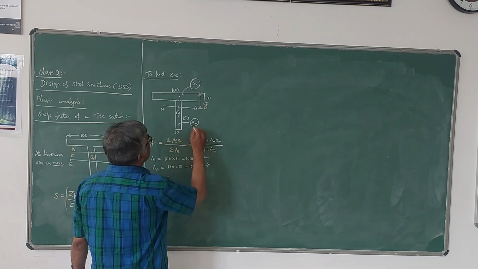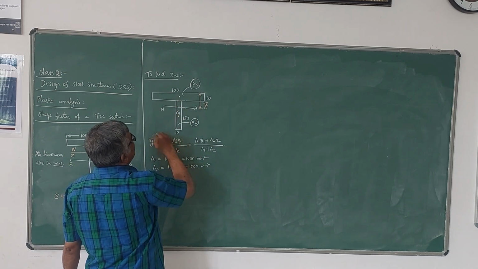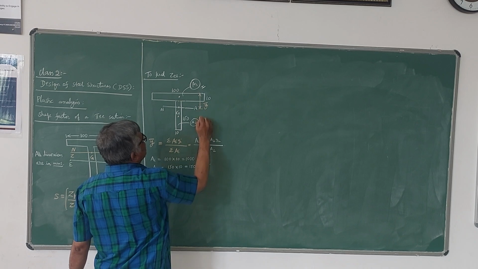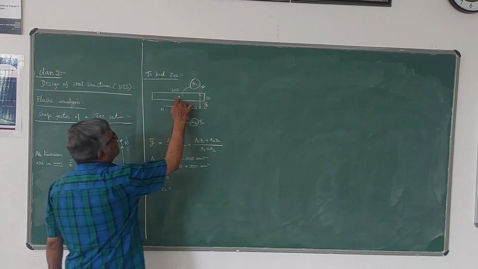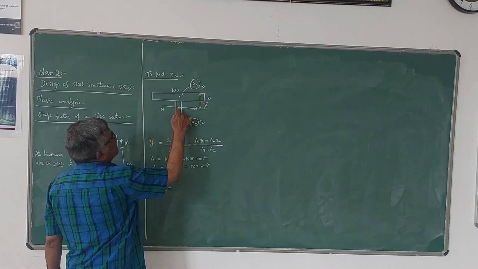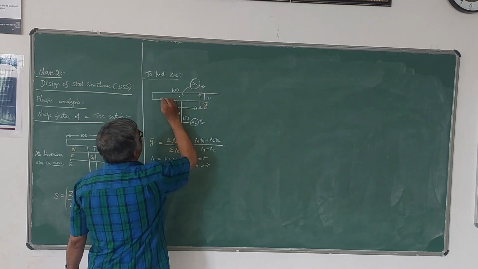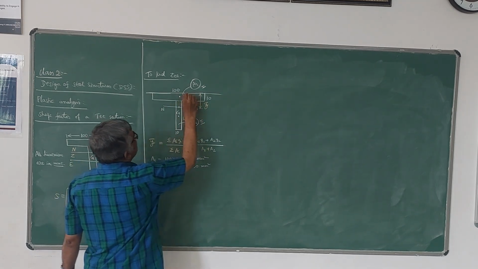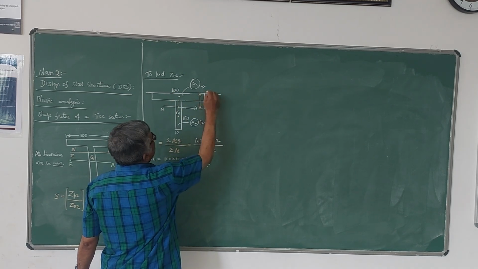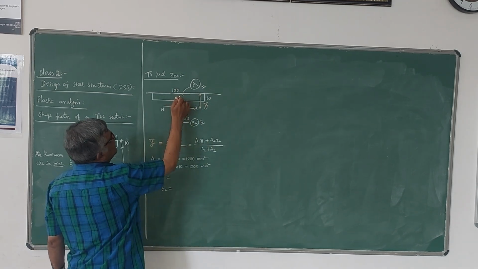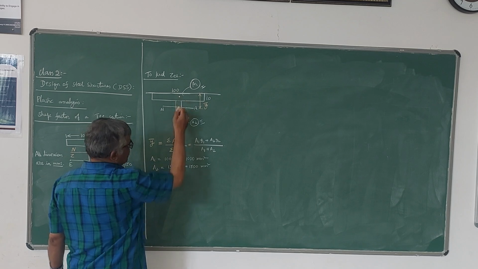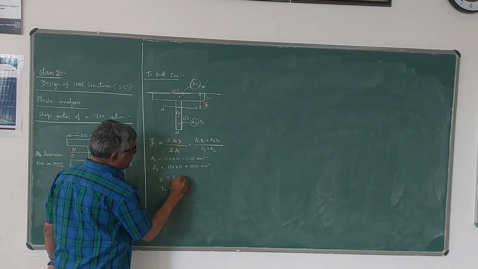Please note that Y1 and Y2 are the distances of these centroids from the reference axis. Y1 is the distance of the centroid of the first area A1 from the reference axis, which is 5, half of 10. So Y1 is 5 mm.